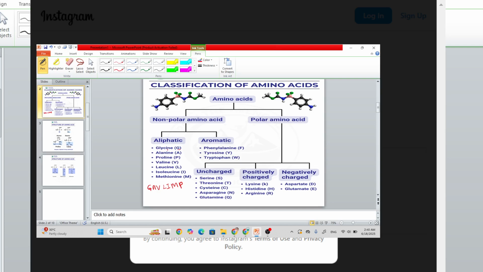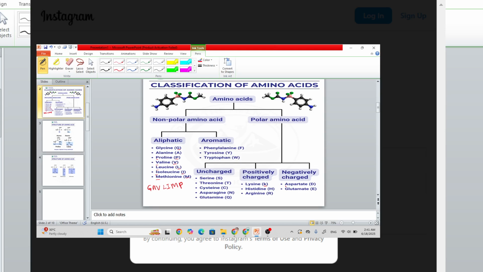If glycine is present in a protein, we do not write glycine, we only write G in its place, like alanine A, proline P, valine V, leucine L, isoleucine I, methionine M. But some other amino acids start with the same letter, like leucine and lysine, so we do not use L twice, we use K in place of lysine.